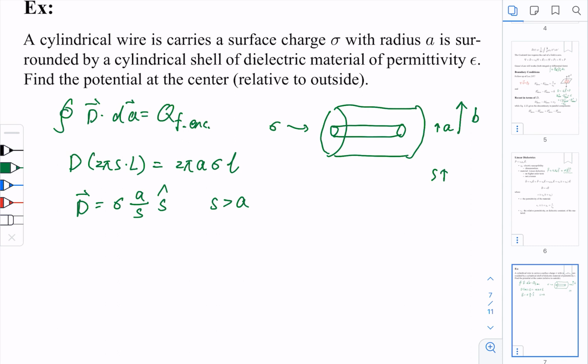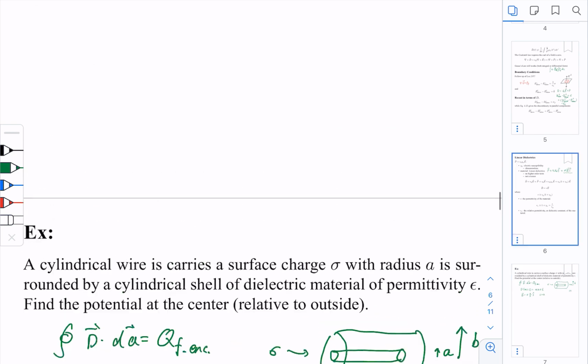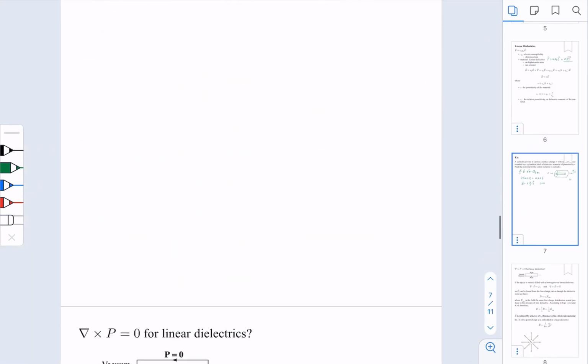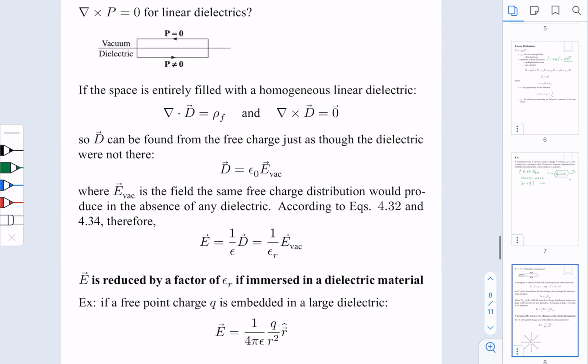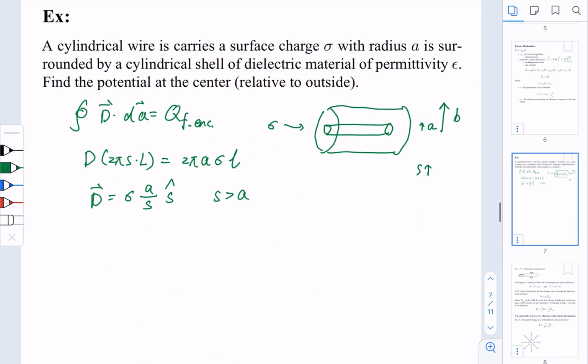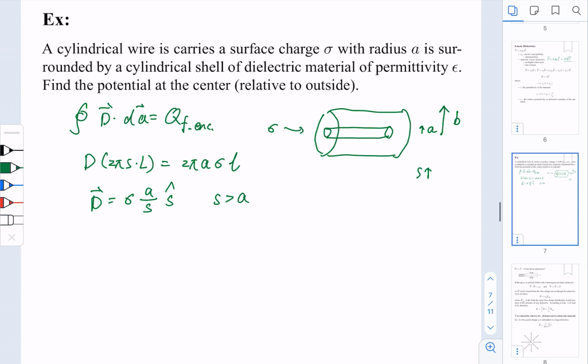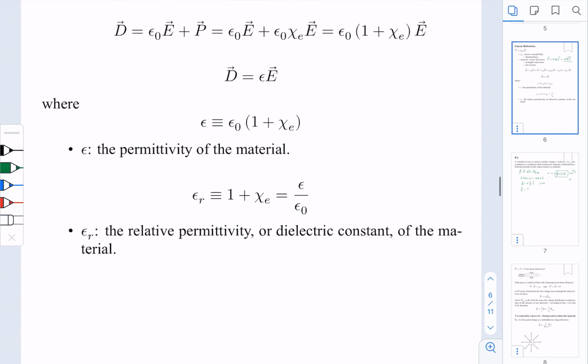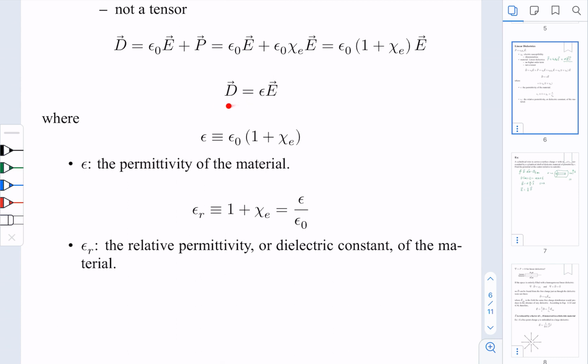Now if we look at the electric field, the electric field is simply 1 over epsilon times D, because we just discussed above that D is proportional to the permittivity times E, and I simply invert this equation.